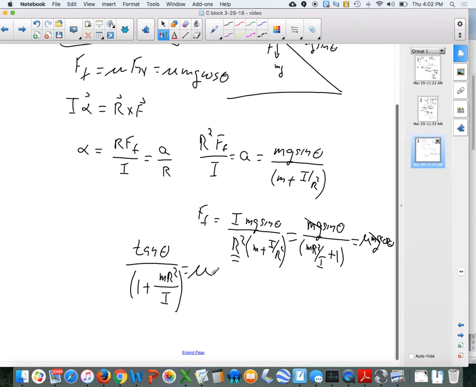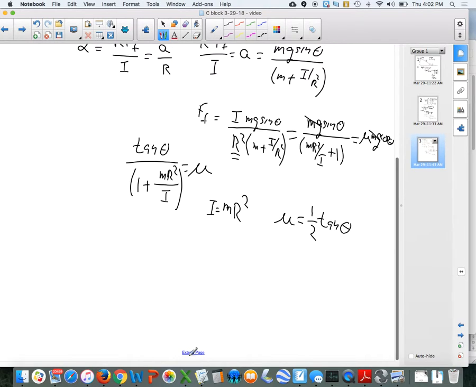And if you stop and plug in some values that we're familiar with, if I say that I of a hoop is mr squared, plugging that number into here, I get mu is equal to 1/2 tangent theta.